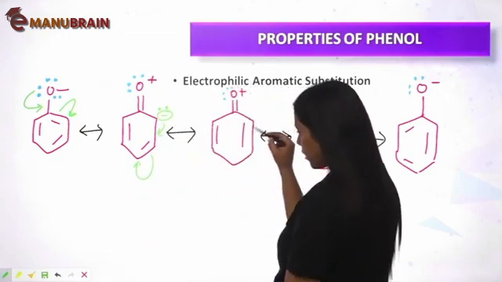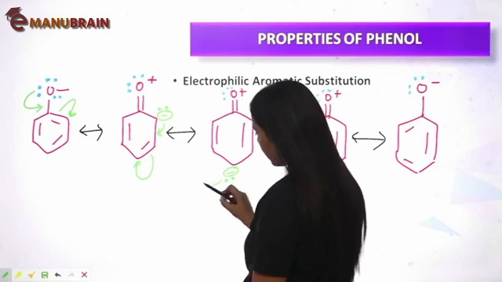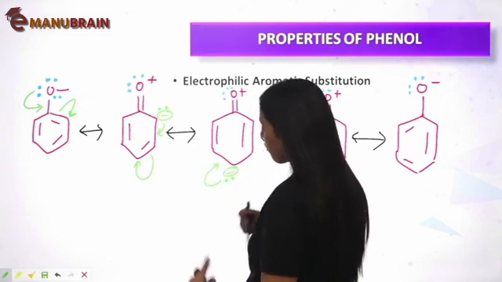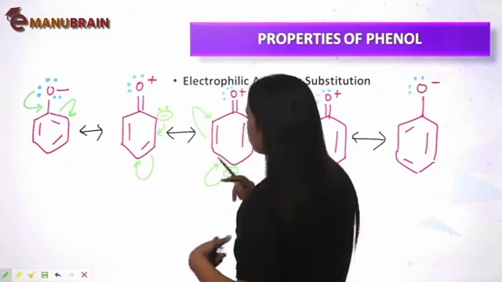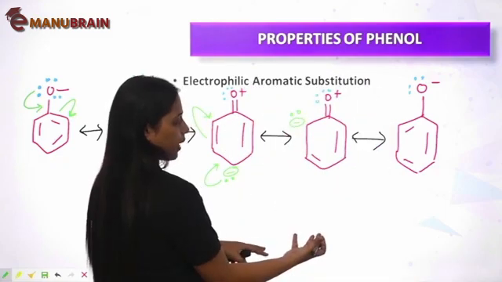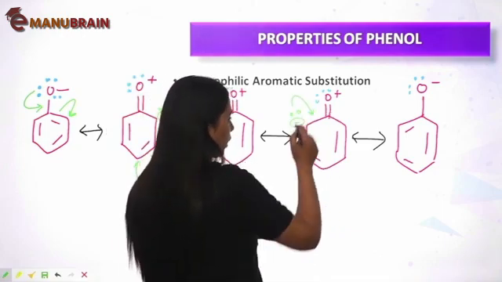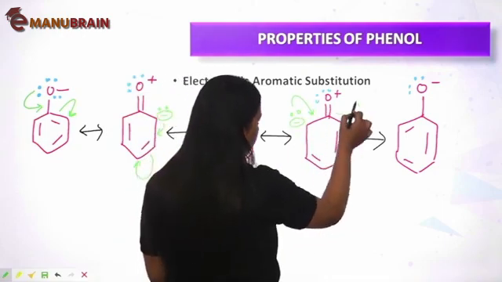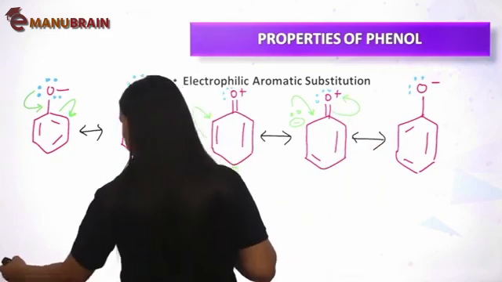Then again this lone pair will move to form bond pair, and this bond pair will move on this carbon to form the lone pair of electron like this. And then in the next step, this lone pair will form bond pair, and this bond pair will move on to form its lone pair of electron.